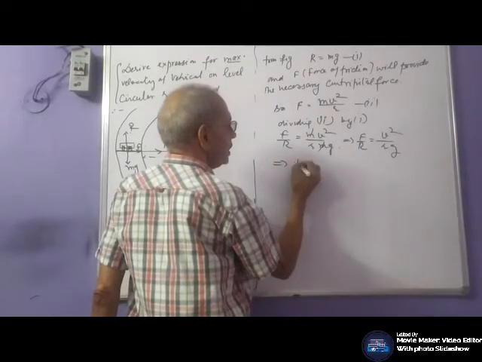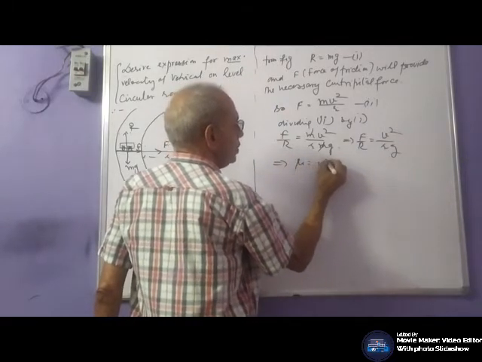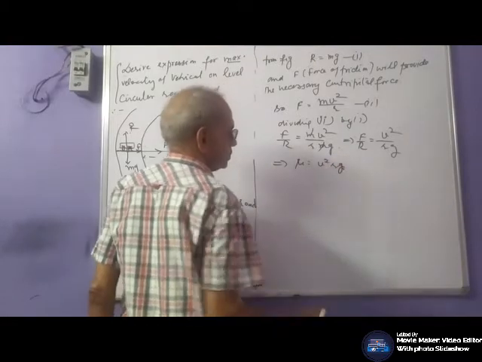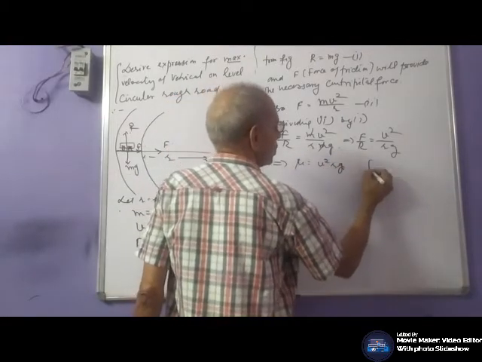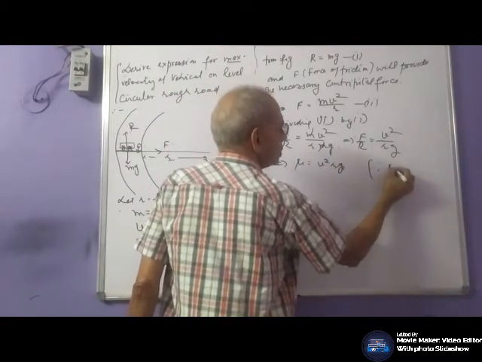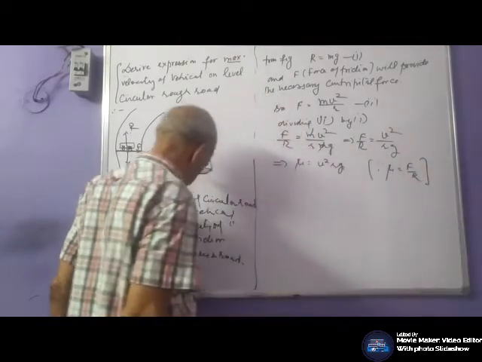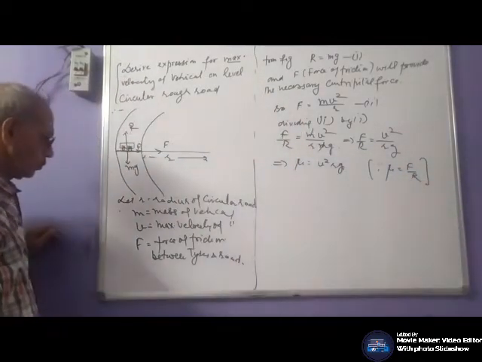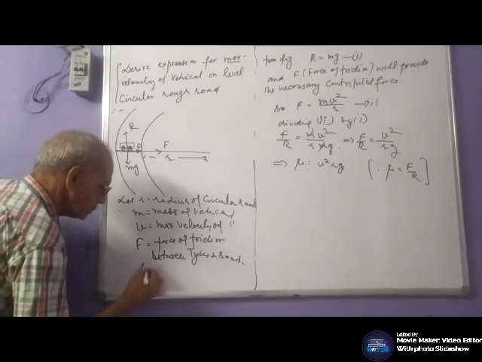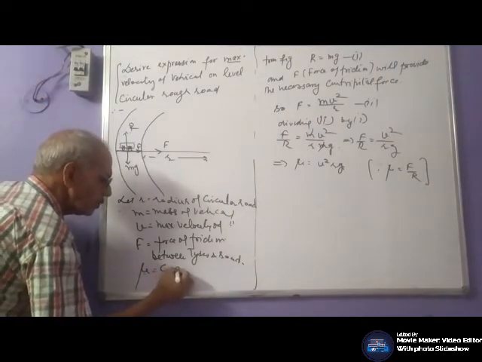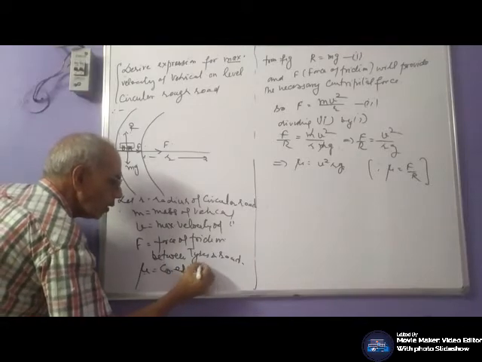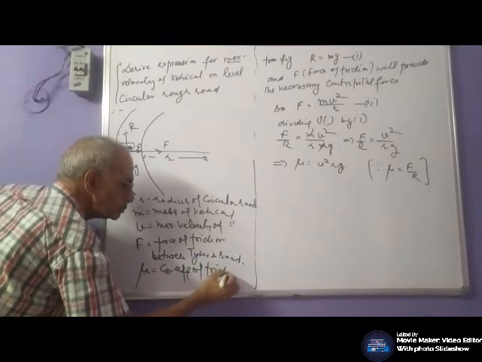And F by R is mu, so mu equals v square by rg. Why? Mu is F by R, the coefficient of friction.